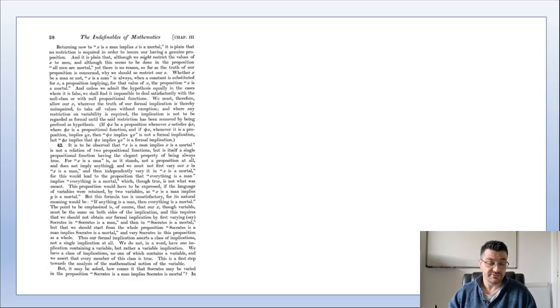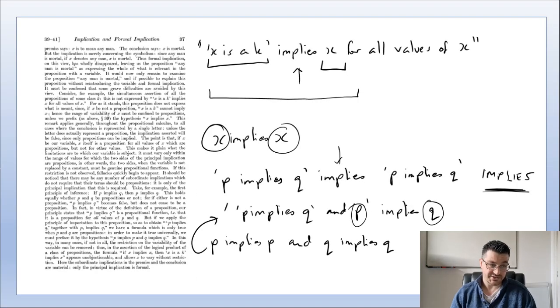And if there's no reason, just like in this latter case where we inserted this P implies P and Q implies Q, we insert an effective restriction without imposing an actual restriction. If we don't need to do that, we don't do that. So if we've got X is a man implies X is a mortal, if we don't need to insert some kind of restriction that restricts X to a particular category of terms, then we don't.